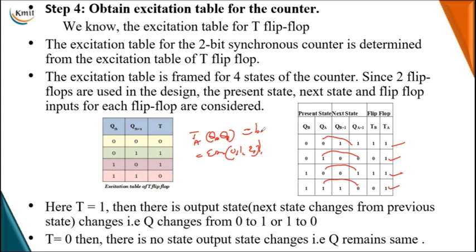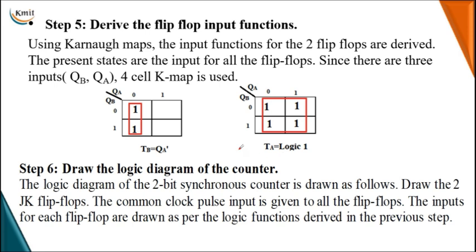It is a two variable function, in which all the minterm functional values are logical one, so the minimal expression is logical 1. For TB, only two minterms are available, on 0 as well as on 2. The remaining two minterms are logical 0, so we are not including them in your standard SOP function.